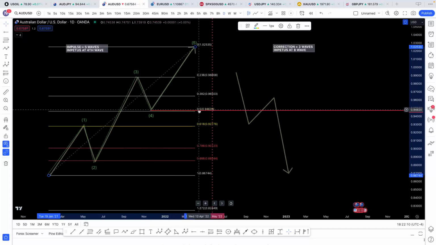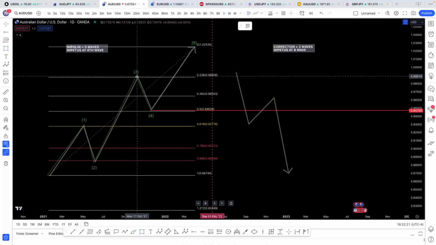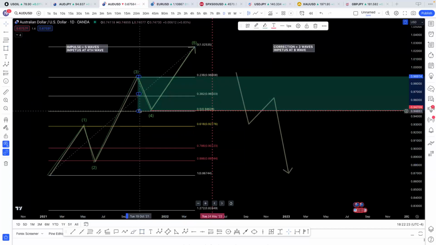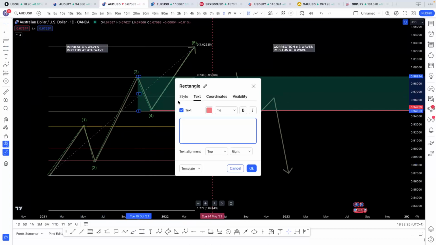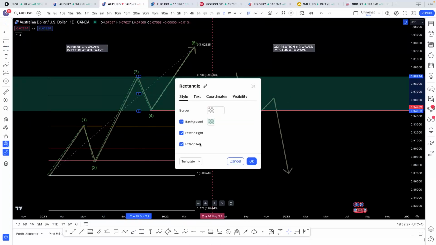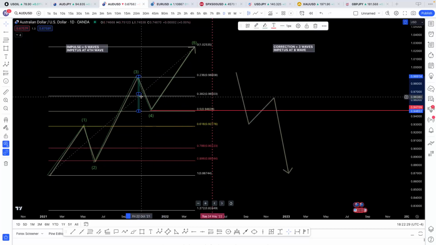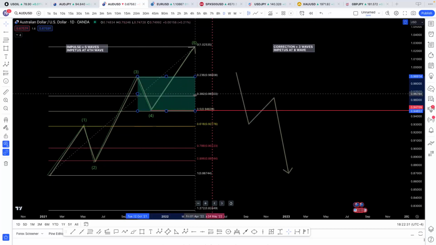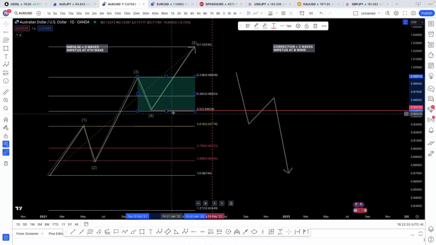So the 4th wave can be found anywhere between the 236 and the 50% on the fib. So it's in this area where the impetus level can be identified, again between the 236 and the 50%.